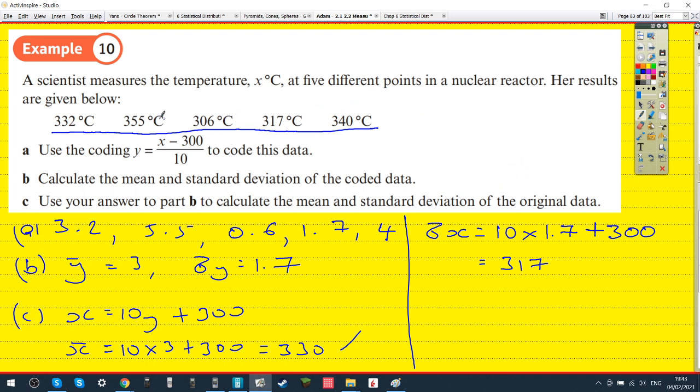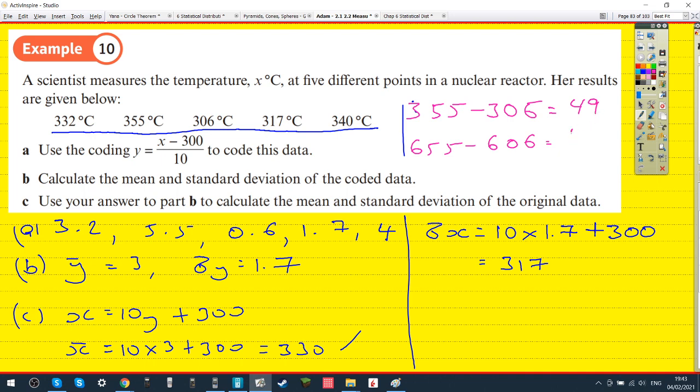For this data, the range is 355 minus 306. What would happen if I added 300 to both of these numbers? They become 655 minus 606, and the range would be 49 for both.